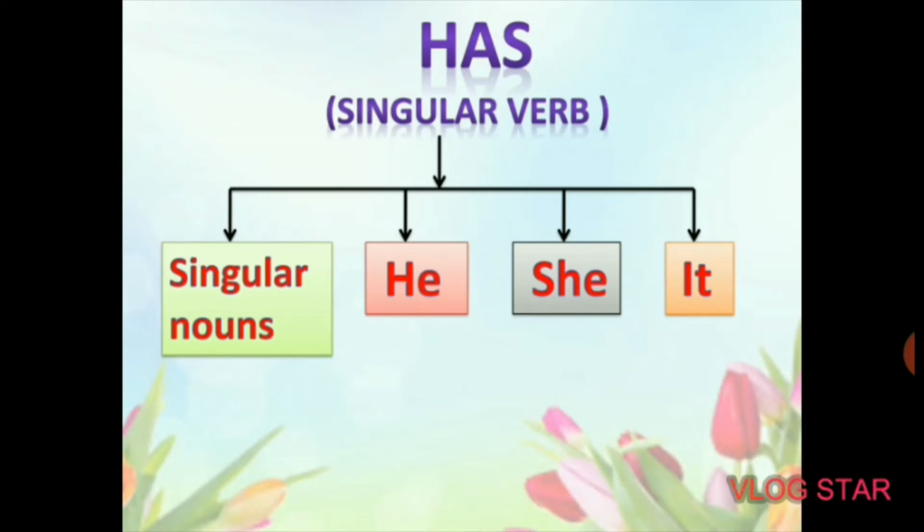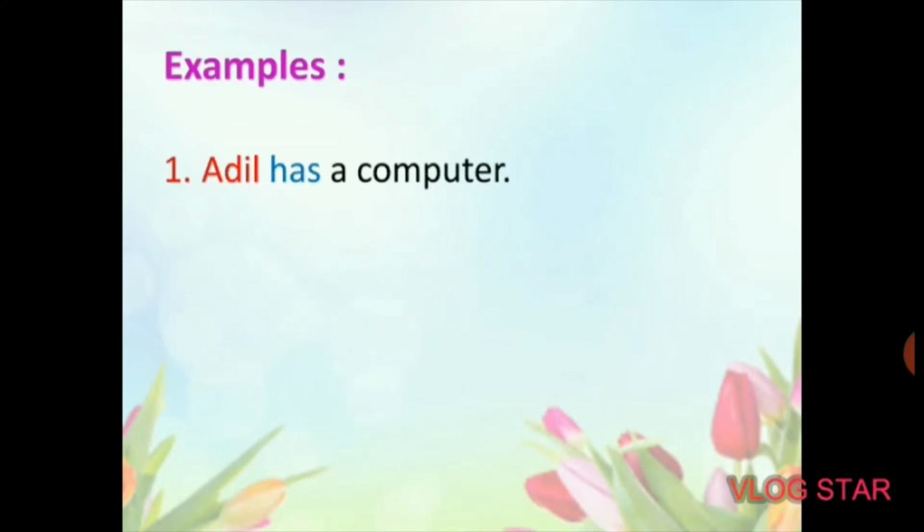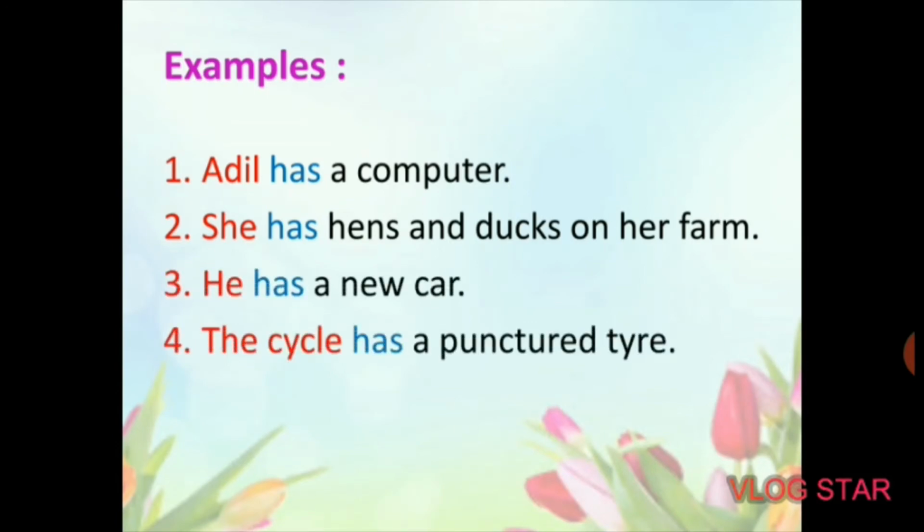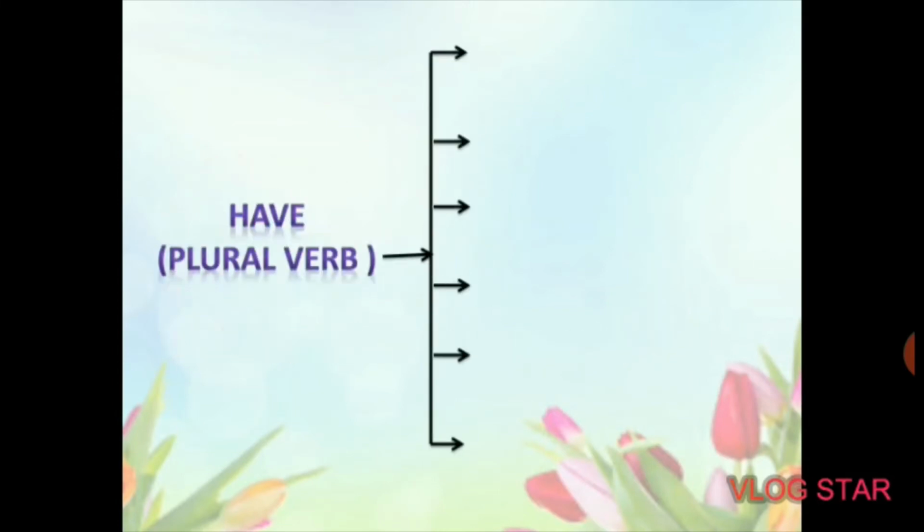Here are some examples for it. Adil has a computer. She has hens and ducks on her farm. He has a new car. The cycle has a punctured tire.